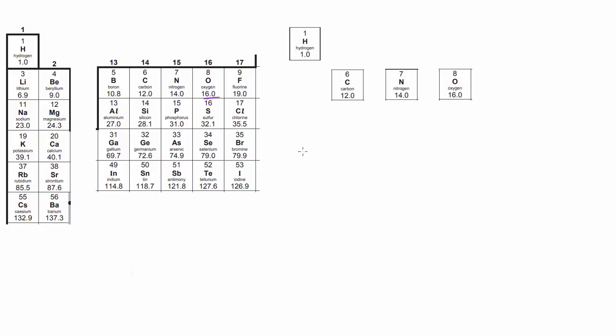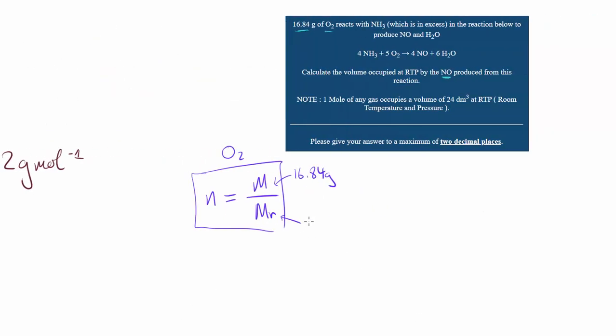So the Mr of O2 is 16 multiplied by the frequency of occurrence, which is 2. That gives us the molar mass, which is 32 grams per mole.